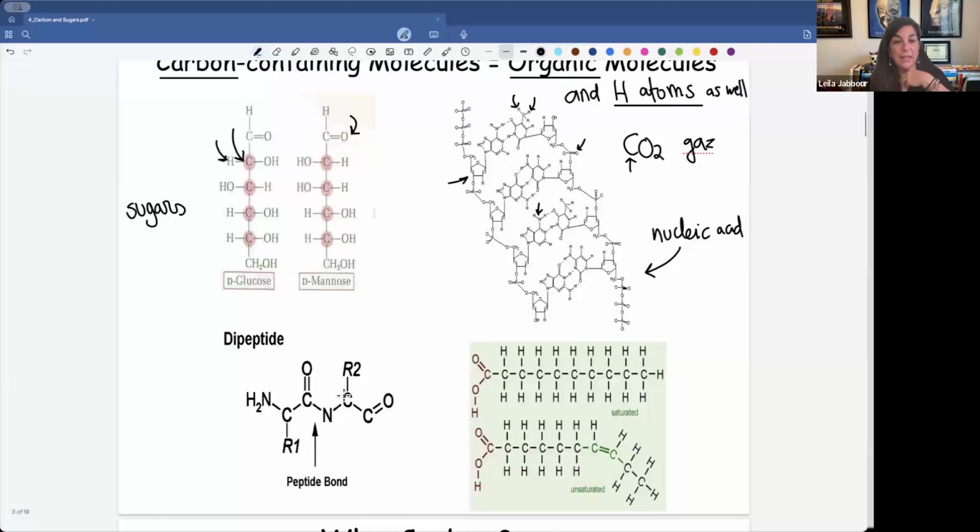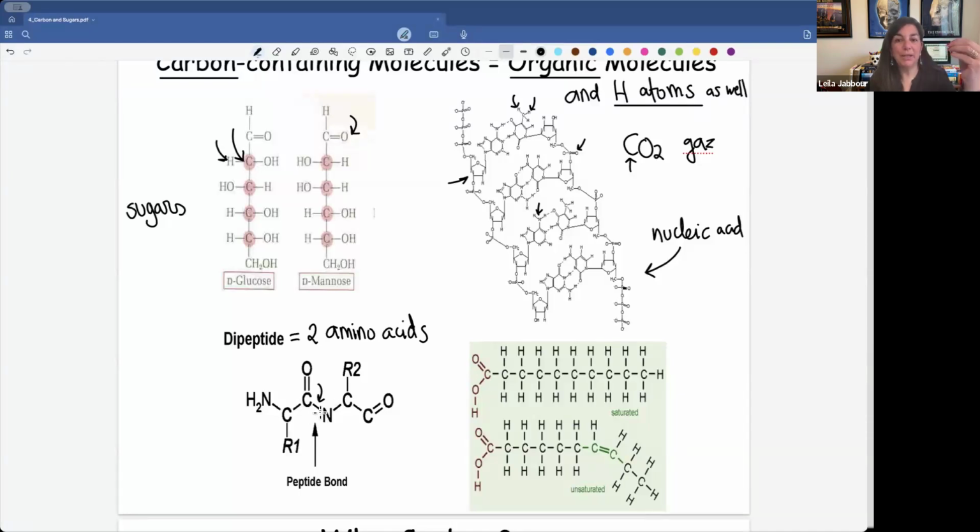Here is an amino acid, well, it's two amino acids which form a dipeptide. So it's two amino acids that are strung together at this peptide bond. This is a very strong covalent bond between two amino acids, and it forms a peptide.